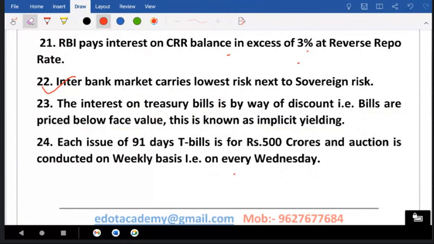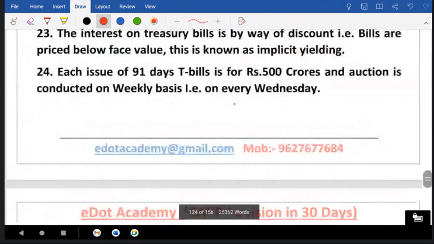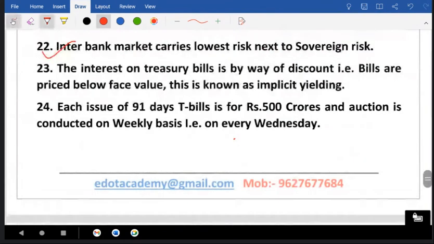Okay, and what is the time period of the treasury bill? Treasury bills are issued for 91 days, 364 days. Each issue of the 91 days treasury bill is for rupees 500 crore, and the auction is conducted on a weekly basis, that is every Wednesday.